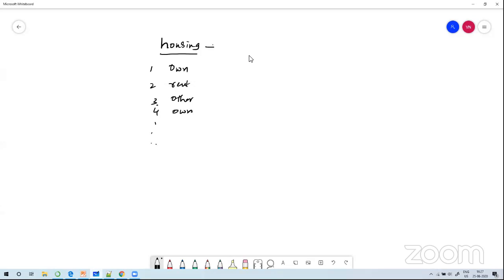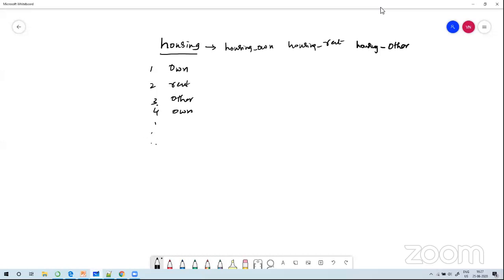Now from this one column, we are going to create 3 columns. That's going to be like this: housing_own, housing_rent, and housing_other.